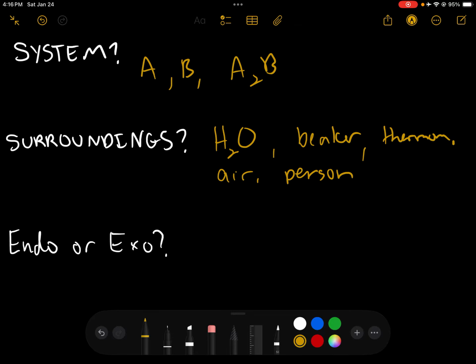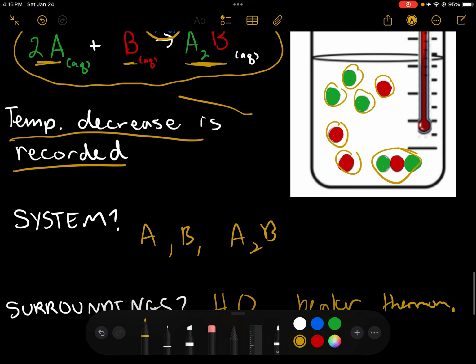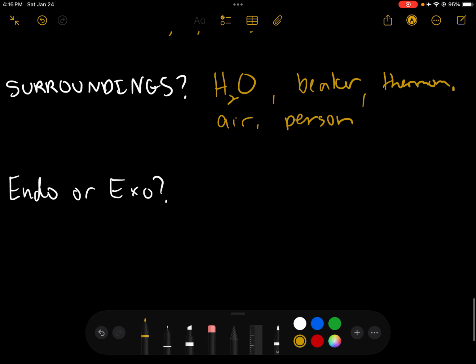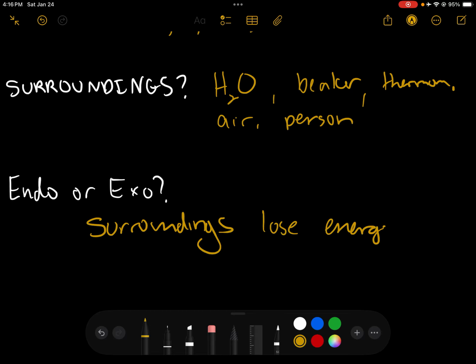Is that reaction endo or exo, and how do we know? Well, if we look at the information that we're given up here, we are told that a temperature decrease is recorded. What that means is the surroundings are losing energy or heat.